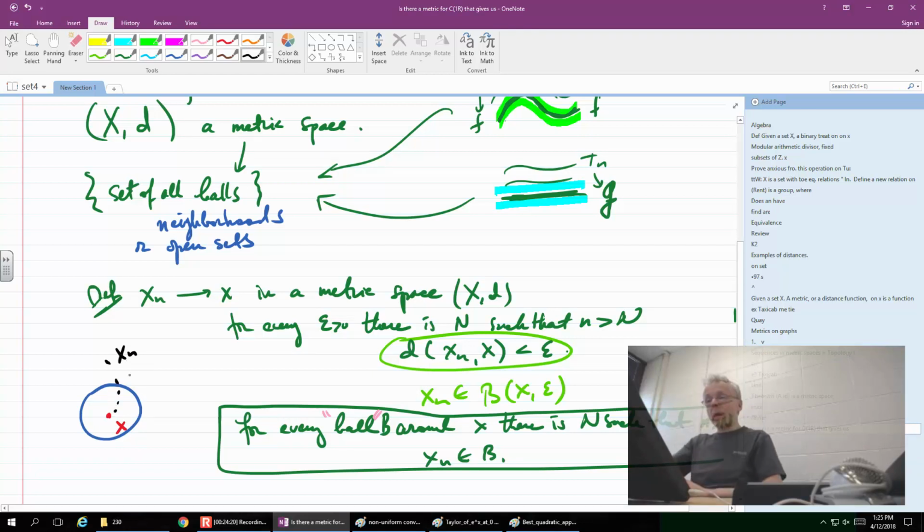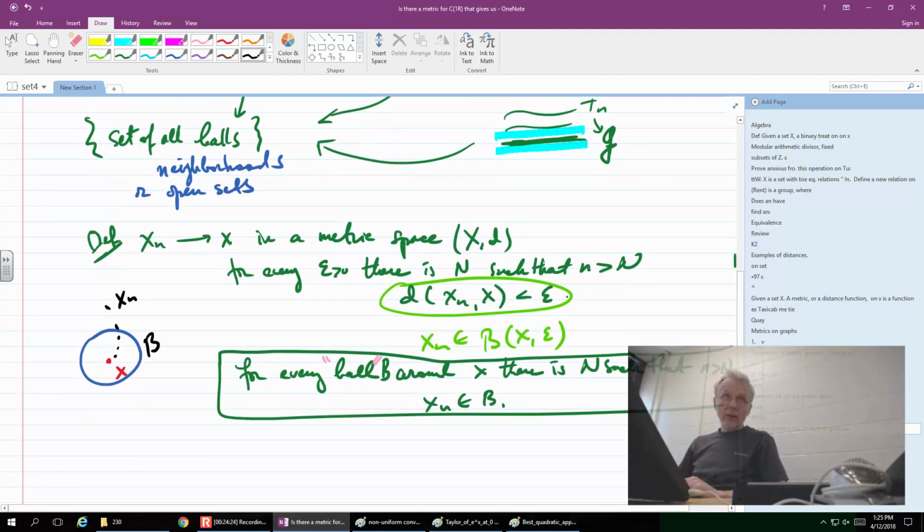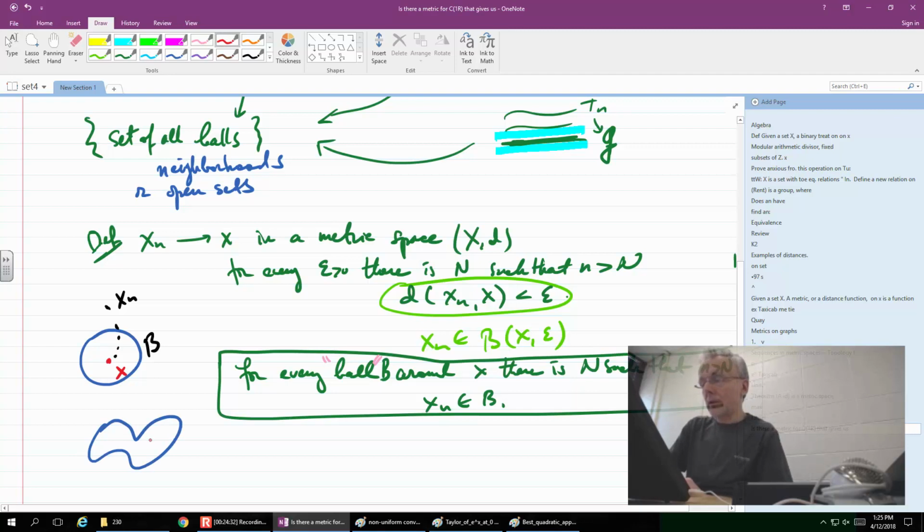Eventually, it is within that ball B. But why do I draw it round anyway? We don't even know anything about the nature of that metric space. So maybe it looks like this. My x is here, and the idea is the same. The sequence should be eventually inside of this. I keep calling it a ball, but really it could be anything.